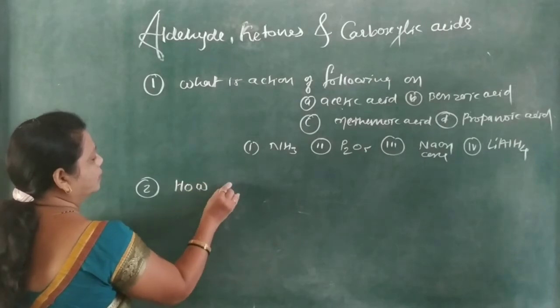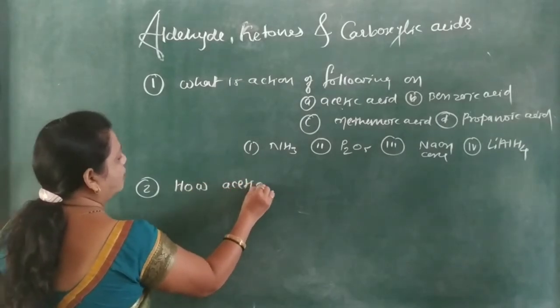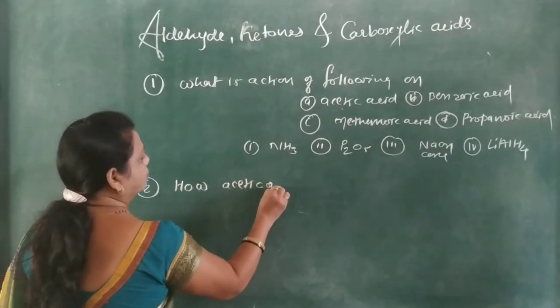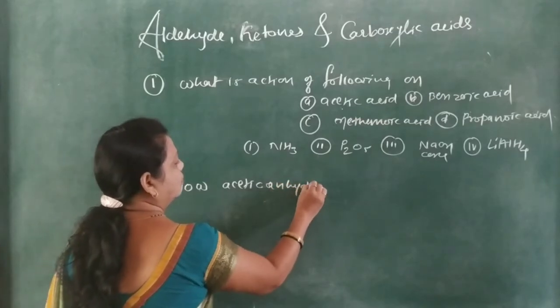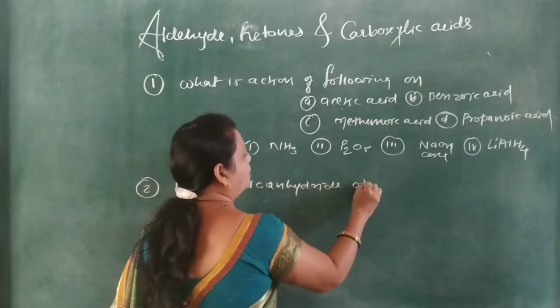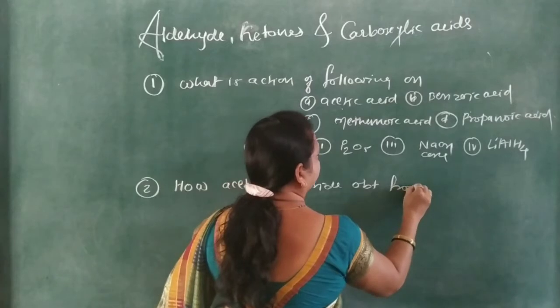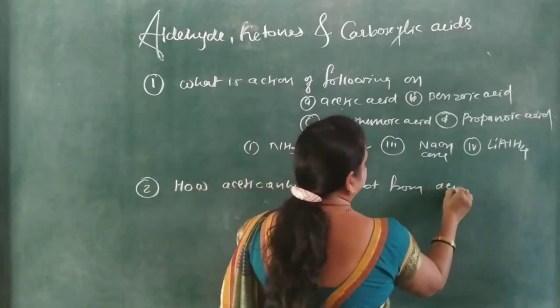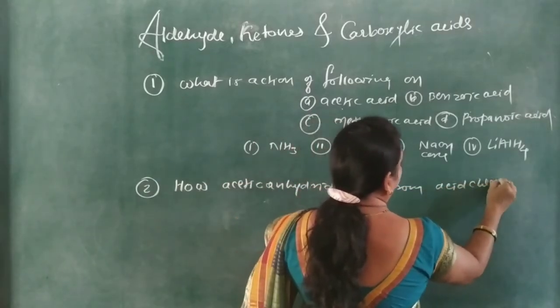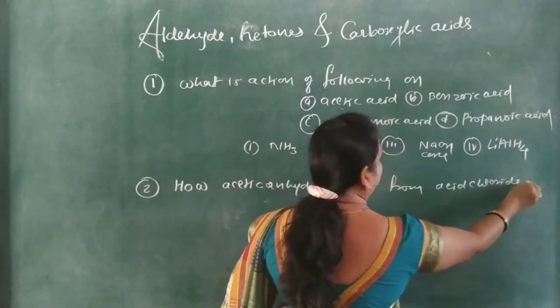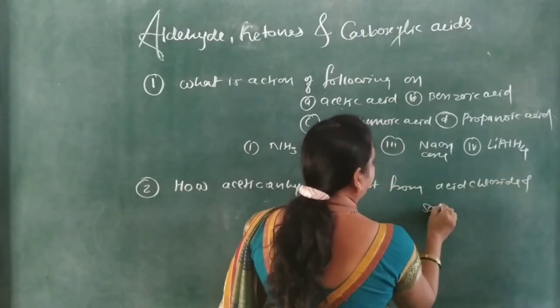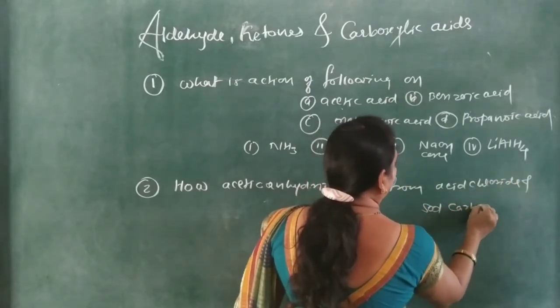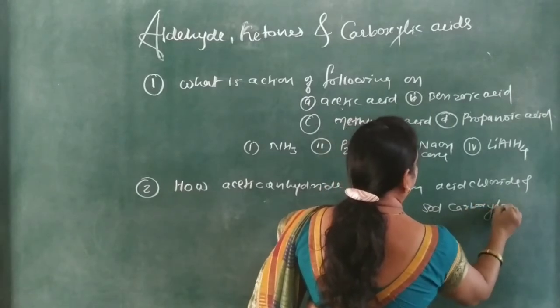Okay, second one, how is acetic anhydride obtained from acid chloride and sodium carboxylate?